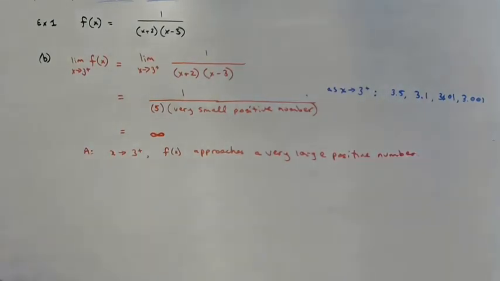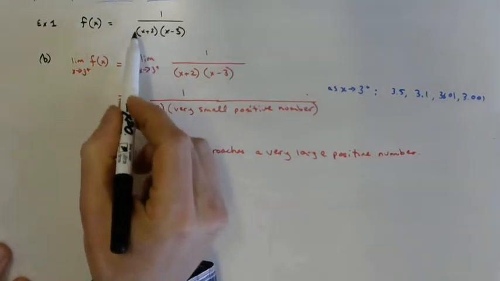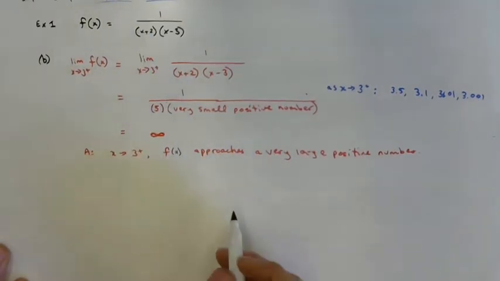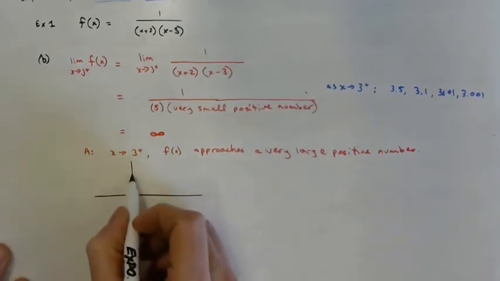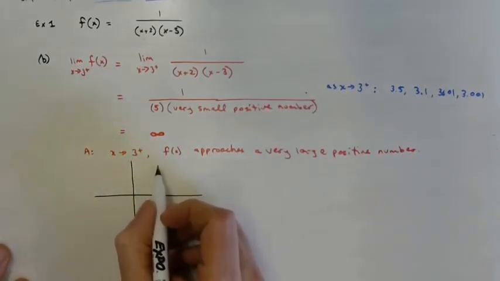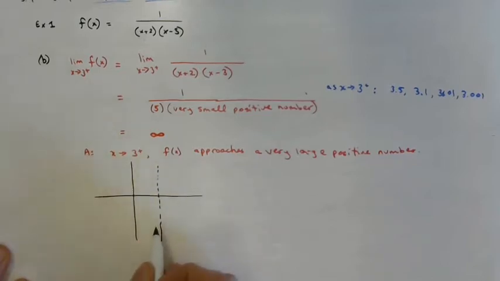Okay, so just to think about this and to graph this asymptote, I'm actually not going to do the second half of this problem. I'm not going to do it with our second asymptote. We're just going to look at what happens to this function at x equals 3.